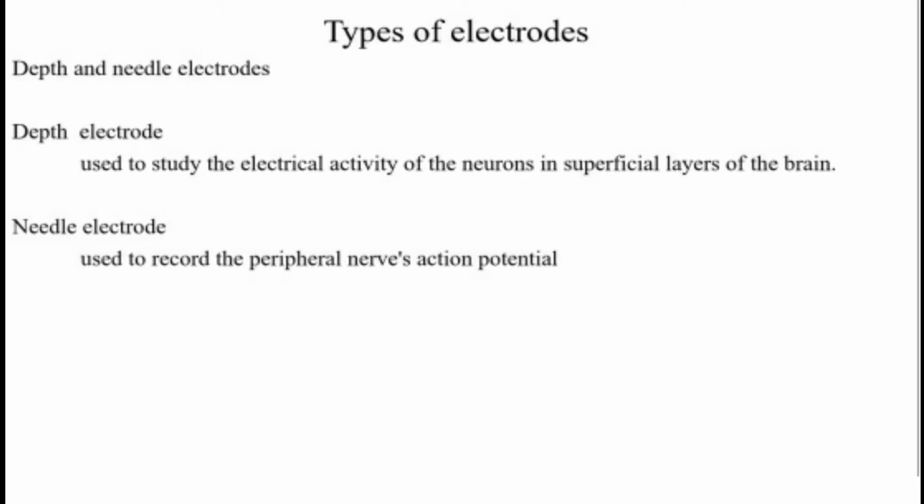Needle electrode. Generally, needle electrodes are used to record the peripheral nerve action potential. That is electroneurography. The needle electrode resembles a medicine dropper or hypodermic needle.